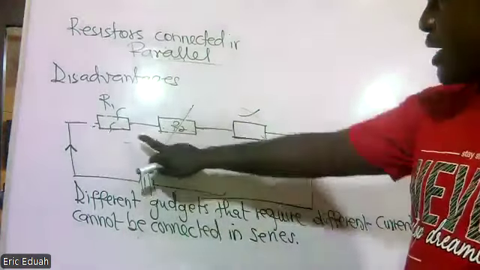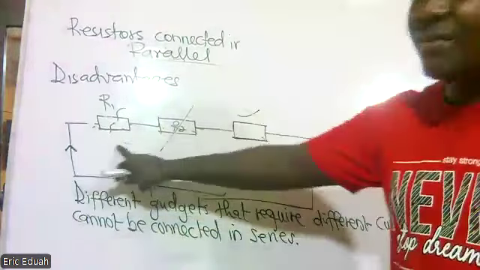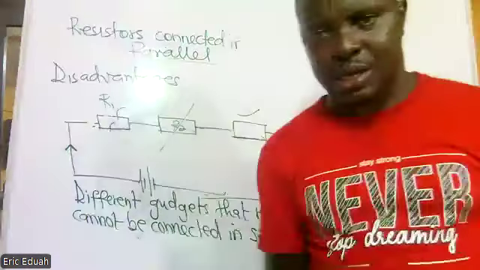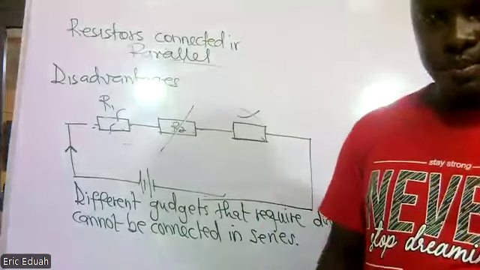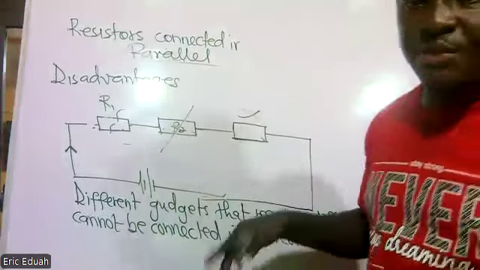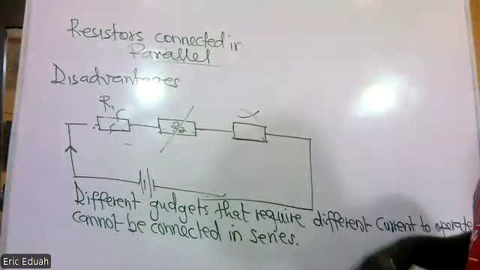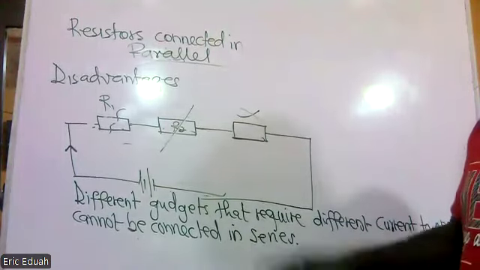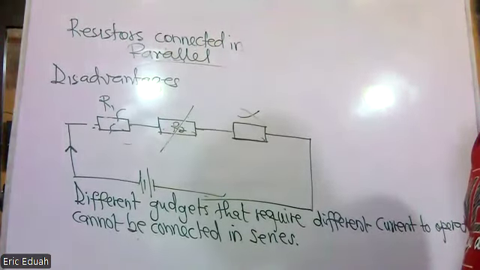But the moment you connect them in series, you are giving them the same current, and so they can't work. So different gadgets that require different currents to operate cannot be connected in series.